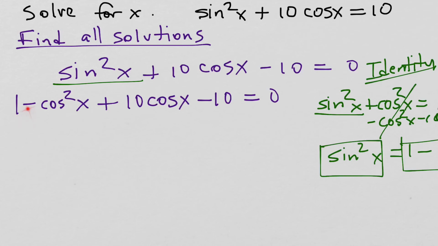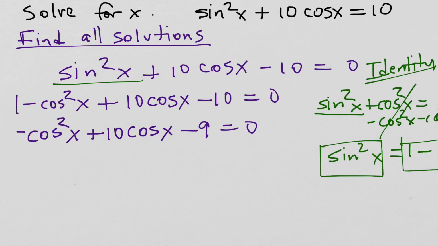So let's combine this 1 and the negative 10. So I'll have negative cosine squared of x plus 10 cosine of x minus 9 is equal to 0. All right, I don't want to try to factor with a leading negative, so I want to divide by negative 1 on every term, which changes the signs of all the terms, like that.